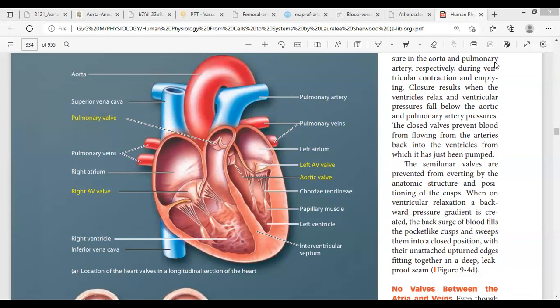Wait, does it enter through the aorta or the pulmonary veins? I think it comes from the pulmonary veins and then down to the atria. Yeah. Then the left ventricle, then out through the aorta to all the parts of the body. So yeah, that's the heart. In short.